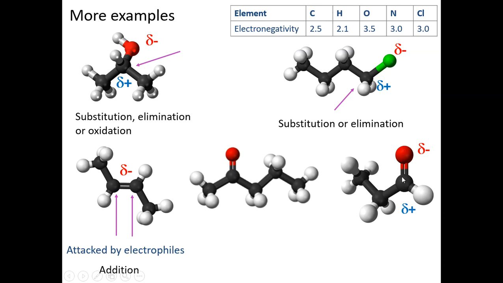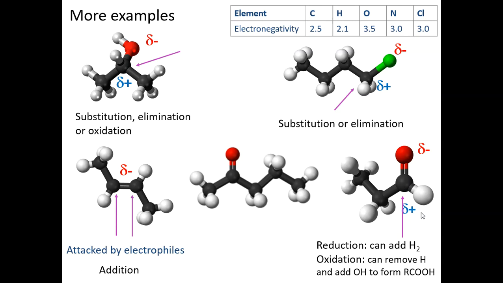Aldehydes, we've got a carbon-oxygen double bond and a carbon-hydrogen single bond that's been made a little bit weaker in terms of the bond because of the strong electronegativity up here, just pulling electron density away from the carbon. So yes, it does undergo nucleophilic attack, but we don't do that at NCEA level 3. So we're just looking at reduction.